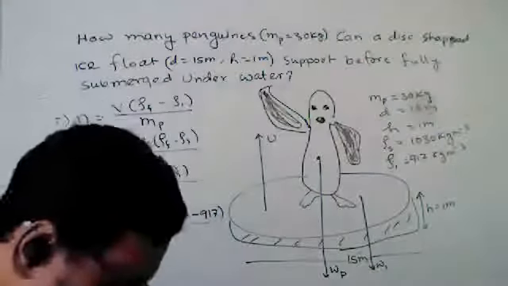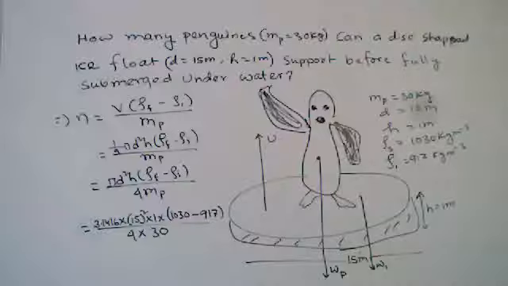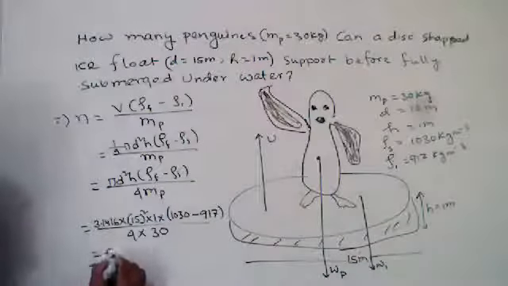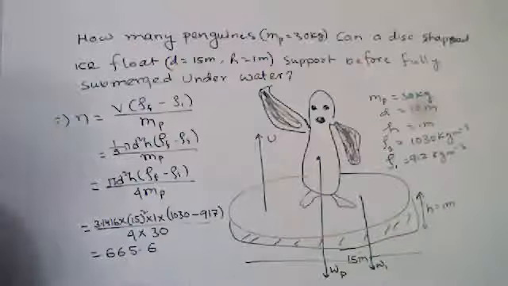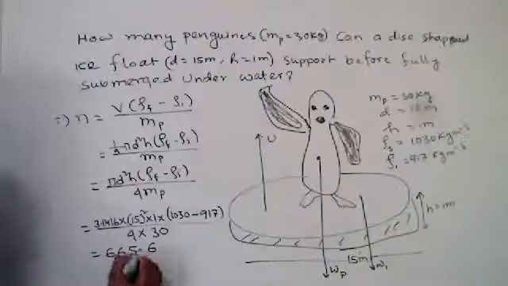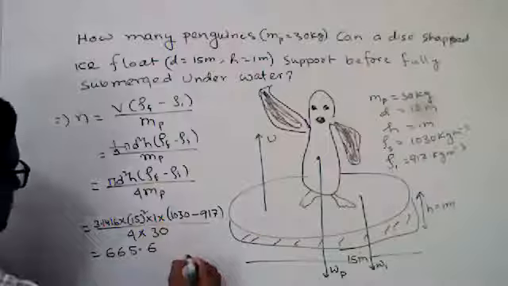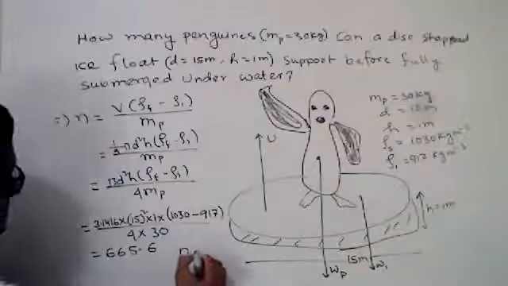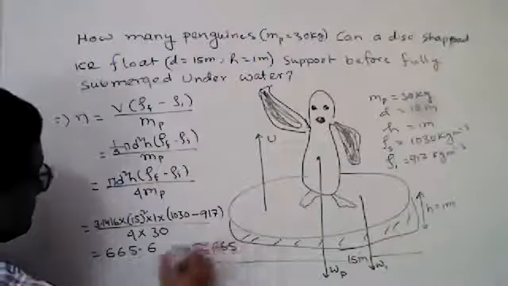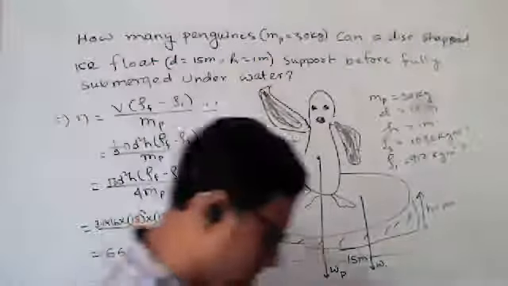So the result will be 3.1416 into 225 into the bracket 1030 minus 917, divided by 120, and it will be 665.6. A fraction number is not applicable, so the number of penguins is about 665. This is the number of penguins.